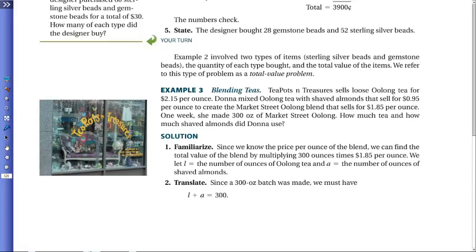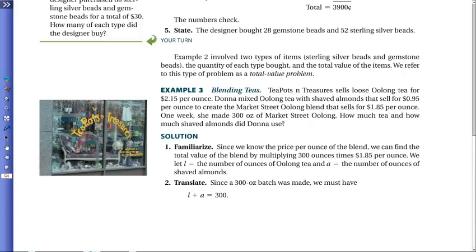It says Teapots and Treasures sells loose oolong tea for $2.15 per ounce. Donna mixed oolong tea with shaved almonds that sell for 95 cents an ounce to create a Market Street oolong blend, their name they gave that, that sells for $1.85 an ounce. And obviously you're going to take these two things and mix them together.